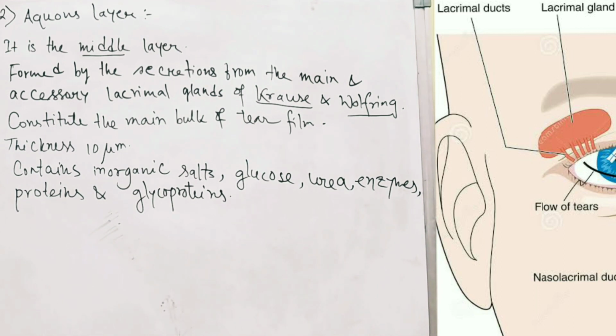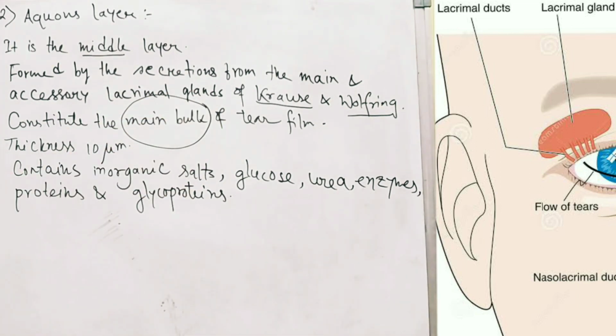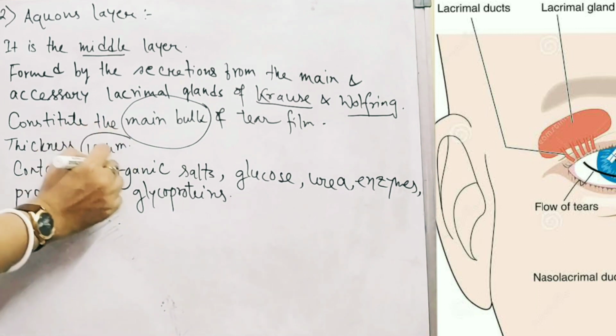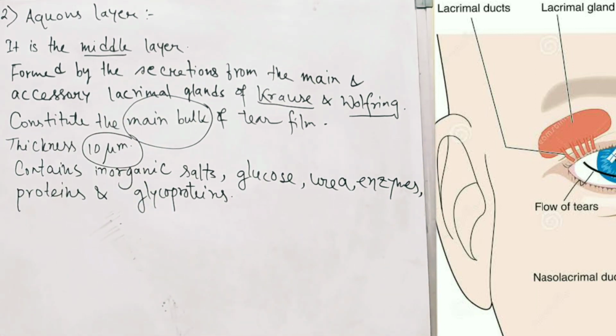This layer constitutes the main bulk of the tear film, because we know that the tear is aqueous in nature and the maximum portion is water. The thickness is 10 μm. This layer contains, along with water, some inorganic salts, glucose, urea, enzymes, proteins and glycoproteins.